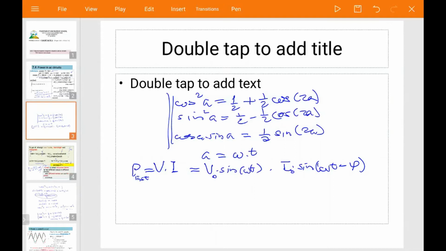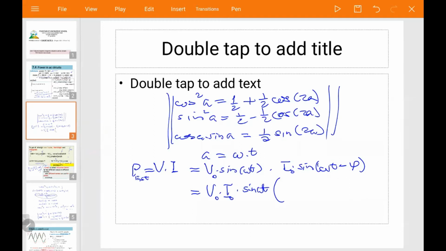All right, I'll continue with this. You'll apply your previous knowledge here, and we are going to expand this. So what do we get? We get V0 I0, which are simply numbers, times sine of omega t and sine of omega t minus phi.